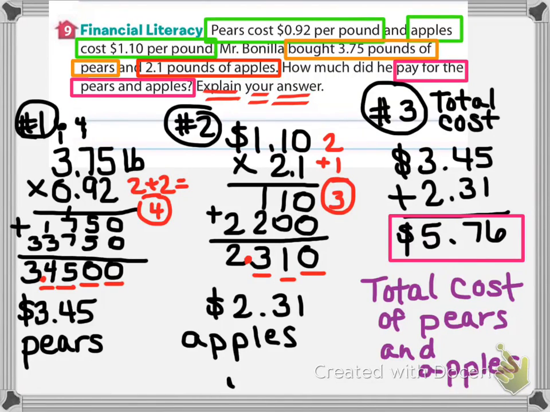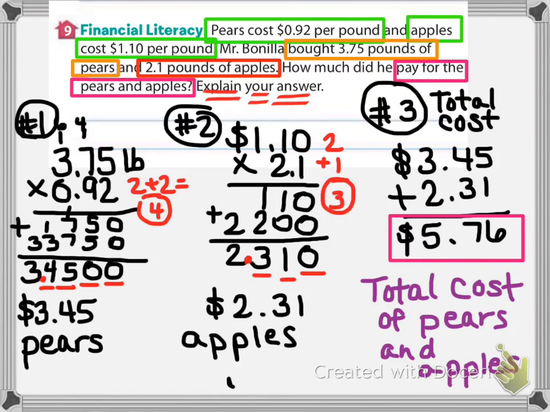Okay, so we're back and you can see in step number 1, I multiplied the pounds of pears that were bought times the cost of the pears per pound. And you can see my steps there. In red, the 2 plus 2 is talking about there are 2 decimal places in the pounds and there are 2 decimal places in the money.